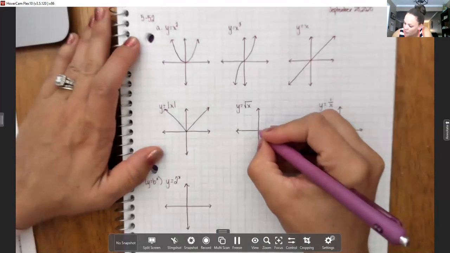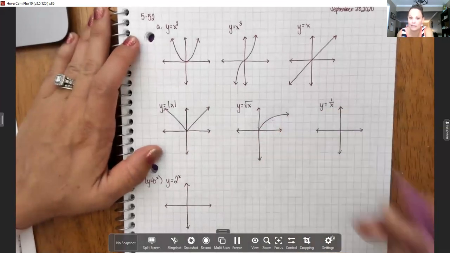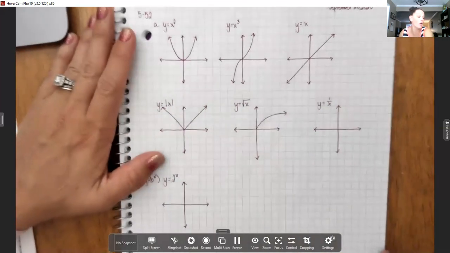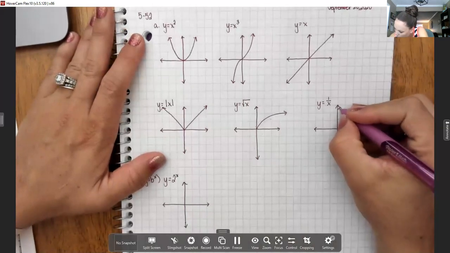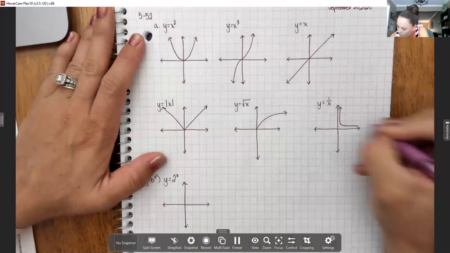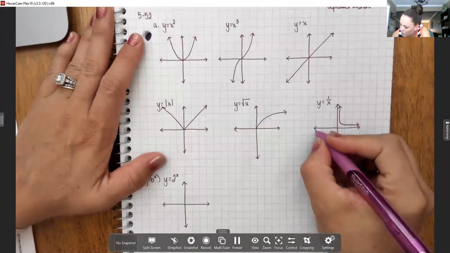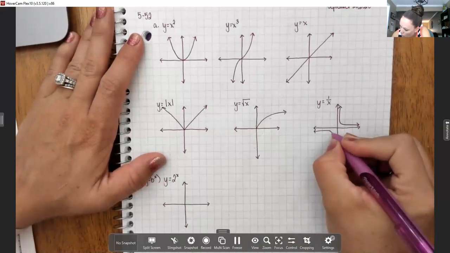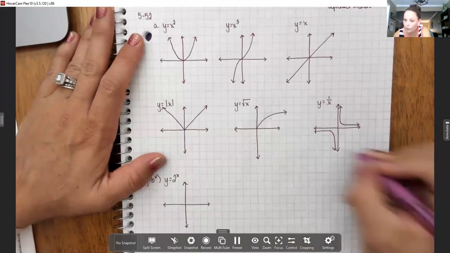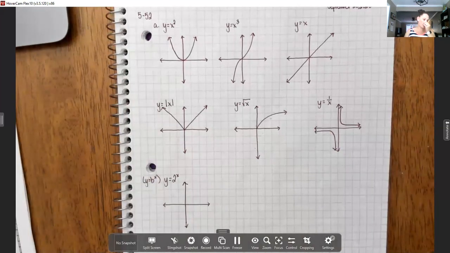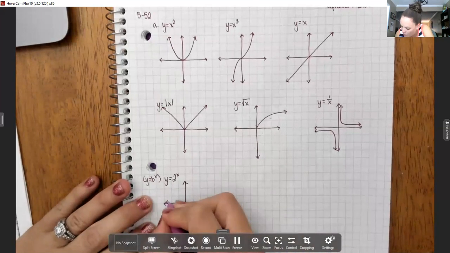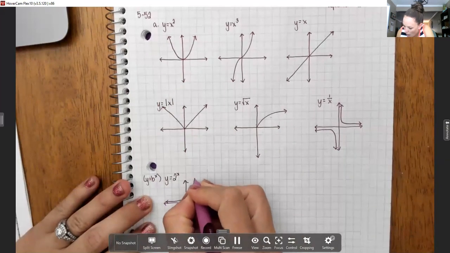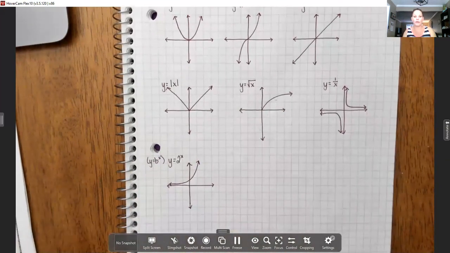Square root of x is half of that sleeping parabola. 1 over x, that was one of the trickier ones. It has the 2 pieces. And then y equals b to the x has that asymptote and goes up that way.